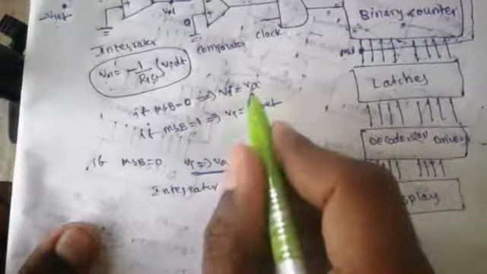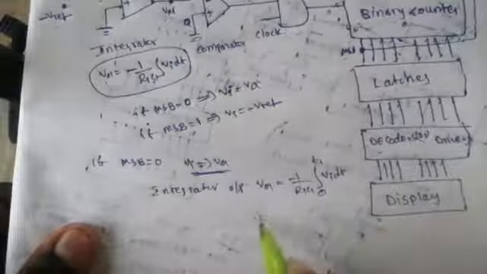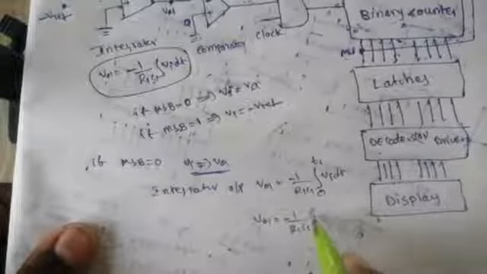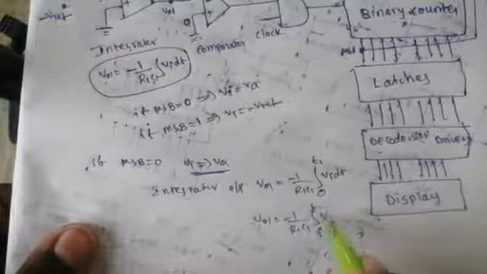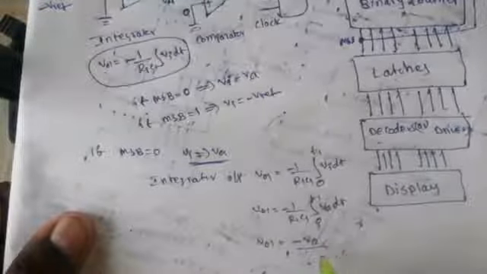What is the Vi value? It is the analog input voltage VA, you can connect here. V01 is equal to minus 1 by R1 C1, then integral 0 to T1 VA into dt. VA is the voltage, so minus VA by R1 C1 into the corresponding T1.